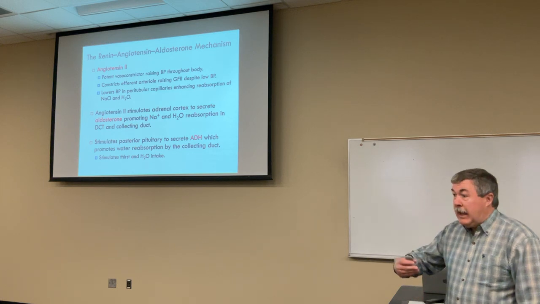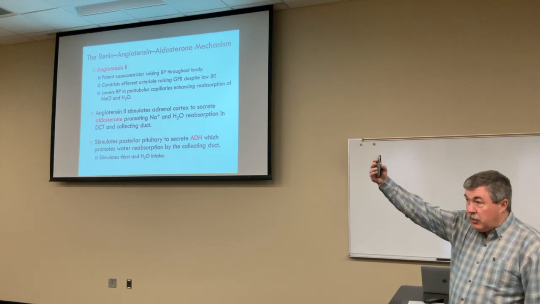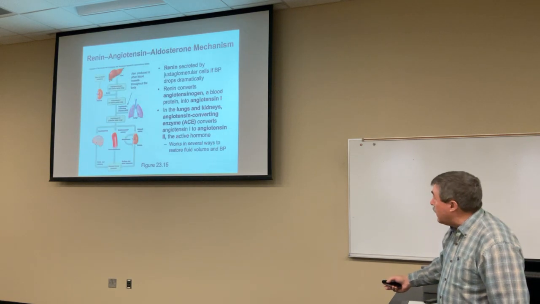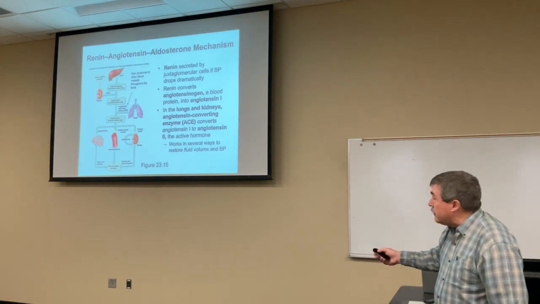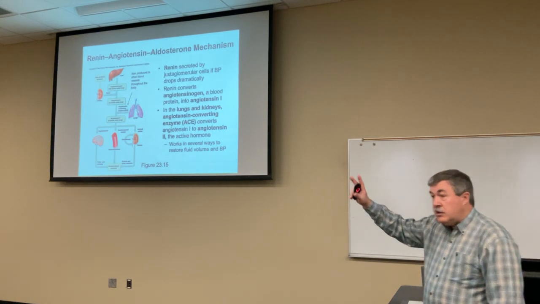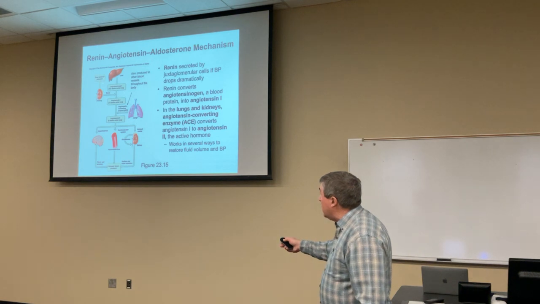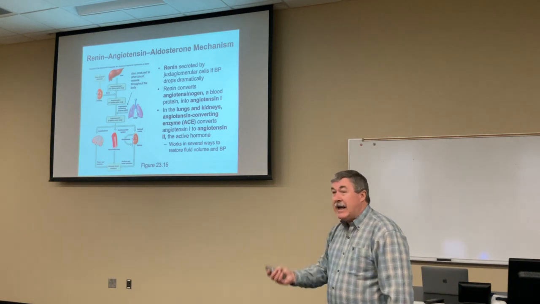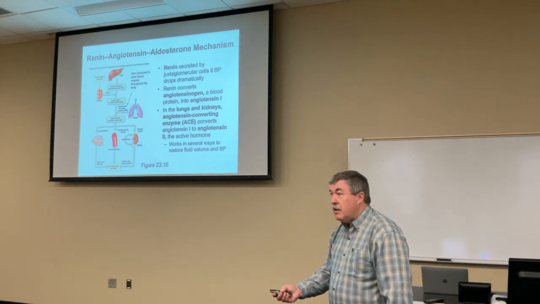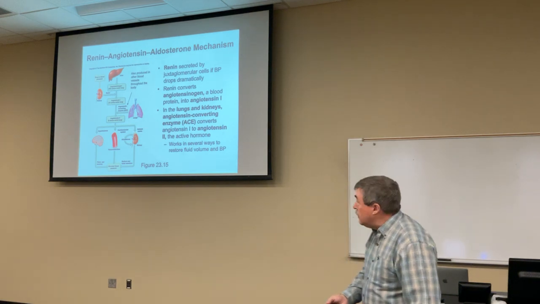So if your blood pressure increases higher than normal, let's go back to this diagram. Let's say instead of a drop in blood pressure, your blood pressure goes up. Then just the opposite happens. If blood pressure goes up, then the kidneys release less renin. With less renin, there's less angiotensin I produced.